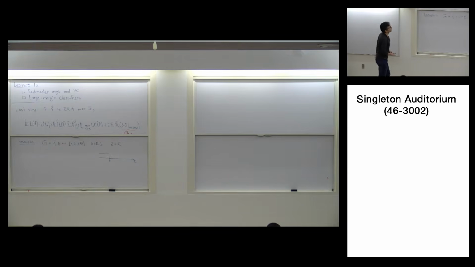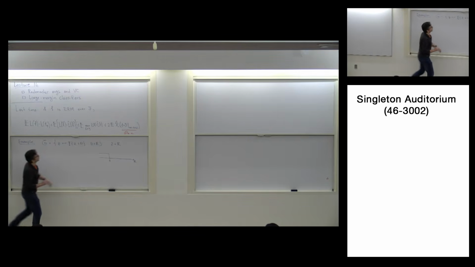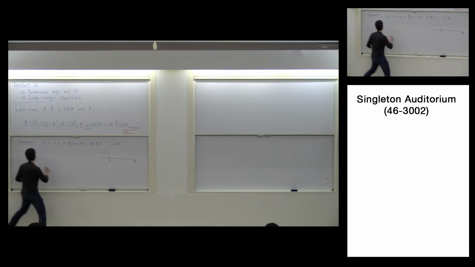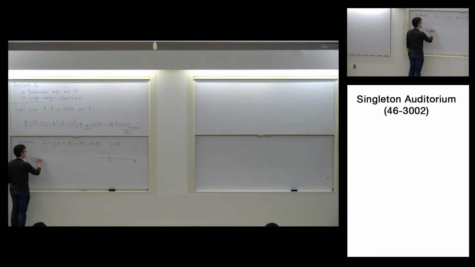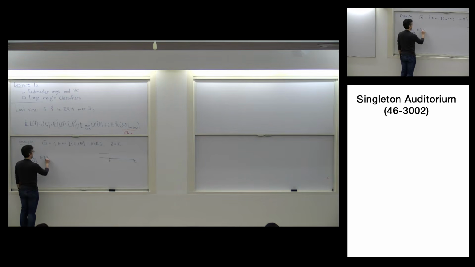All right, so suppose I would like to understand this side. So I would like to understand the expected max over theta in R of the expected indicator that now a random variable z is less than theta.